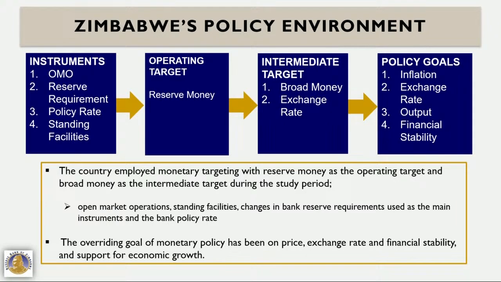So the operating target that was used was reserve money, with the intermediate target being broad money. Broad money is the total money supply in the economy, and it also encompasses reserve money and other components such as time deposits and saving deposits. This in turn is to achieve the overall policy goal of low inflation and output growth.